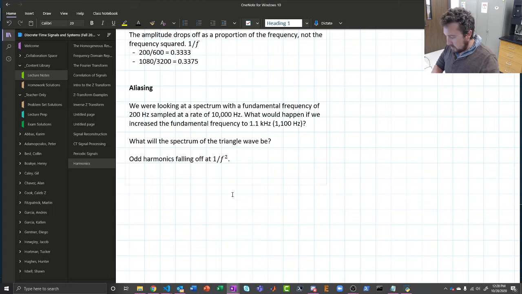So we would expect a fundamental at 1,100 hertz, and amplitude, let's just call it 1. And then we want to see a harmonic at what? 3,300 hertz, and amplitude equals 1/9.